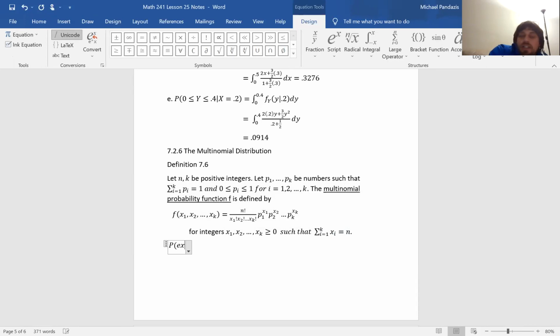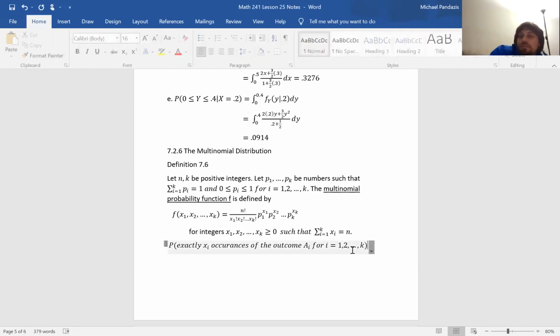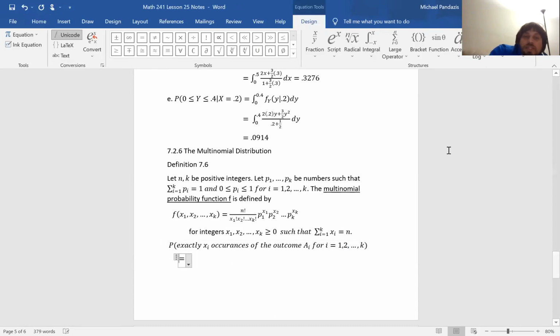Okay, so the probability of exactly x sub i occurrences of the outcome a sub i, for i from 1 to k, is equal to the probability that X sub 1 is equal to little x sub 1, X sub 2 is equal to little x sub 2, and so forth, X sub k is equal to little x sub k.